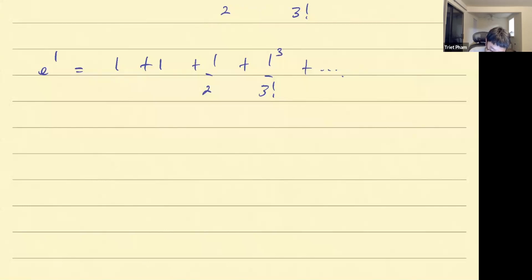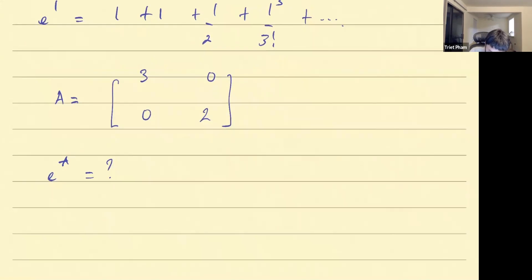Okay. So now let's explore when A is a diagonal matrix, let's say 3, 0, 0, 2. What would e to A be? Well, so again, right, let's follow the formula.